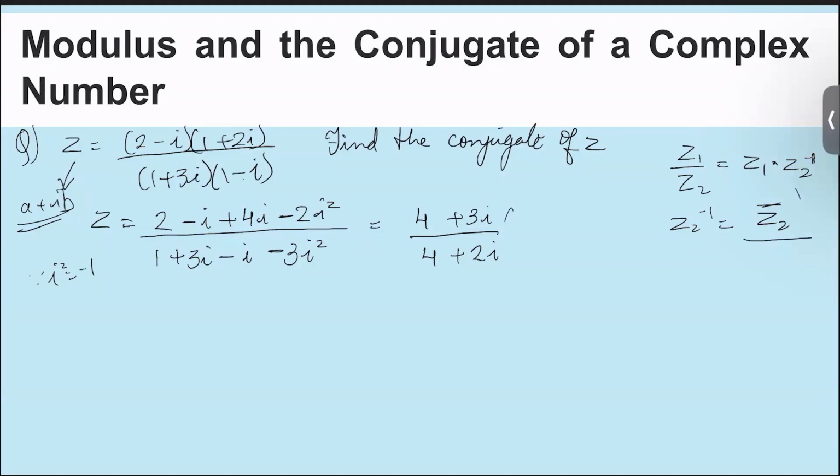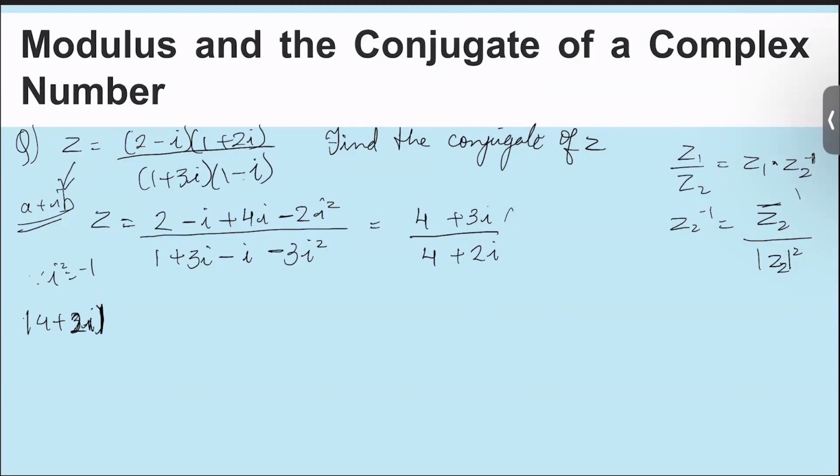It's the conjugate of z2 over the square of the modulus of z2. Okay, so let's keep this over here, and we will find the mod of the denominator.